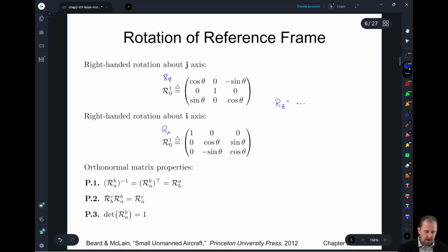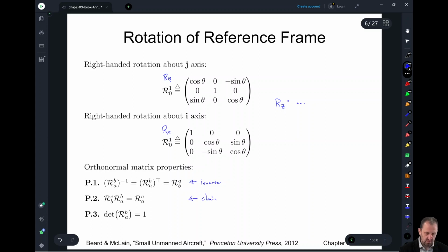And then some properties that we discussed in a previous lecture is that we have the inverse. If we're going from frame A to B, we take the inverse of that. That's just equal to its transpose, which is equal to the rotation from frame B to A. So property 1 is really nice. We have our inverse property. Now we can talk about chaining.